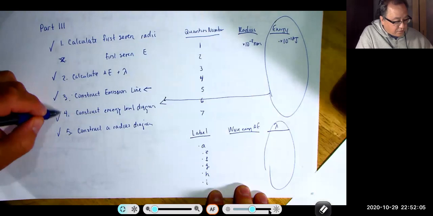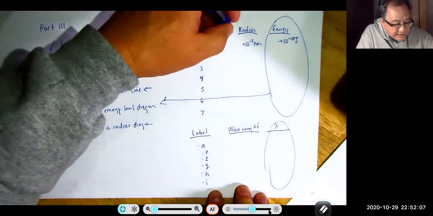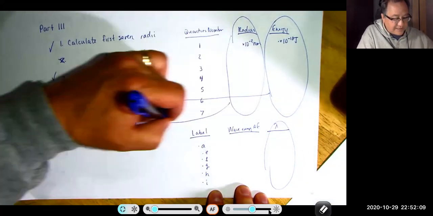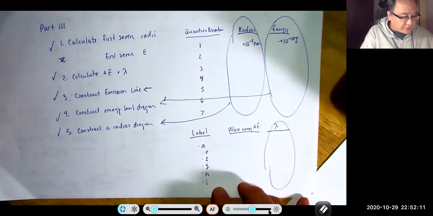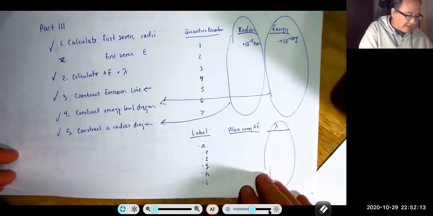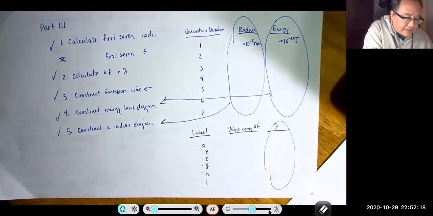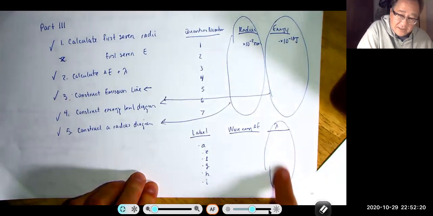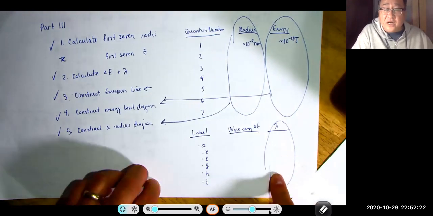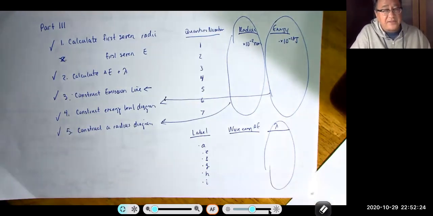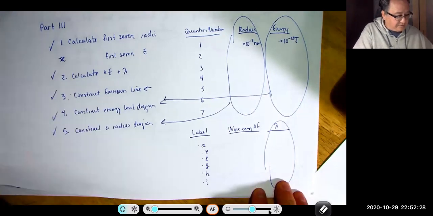And then for the radius diagram, you're going to take these and construct the radius diagram. So that's what you're going to be doing in your lab. And then the last thing you need to do is part 4, where you have to take a look at these different wavelengths here and identify which ones are the colored ones. And you're going to do it based on the size of the wavelength. And then there you go.